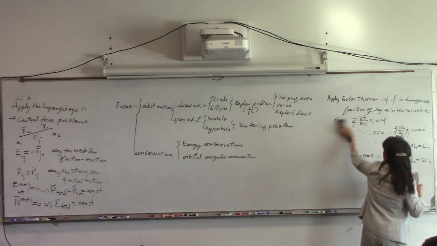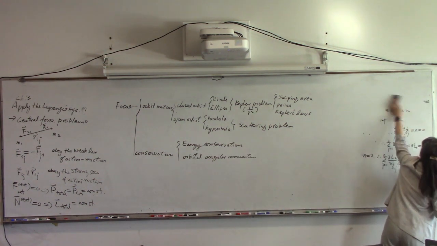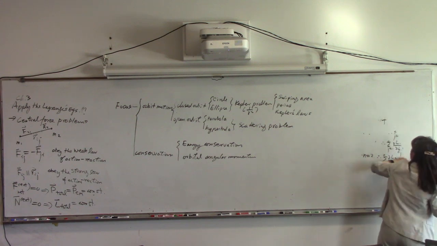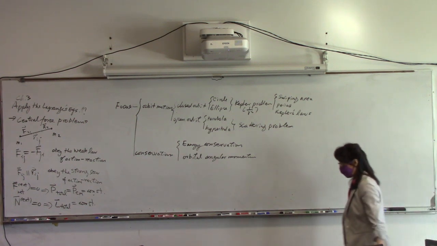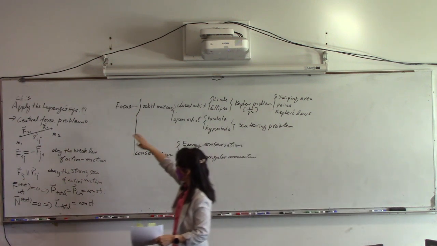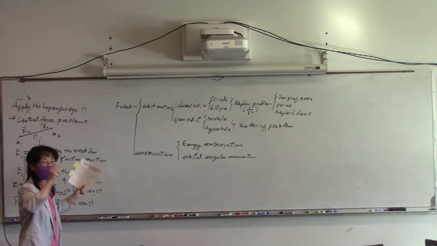So we are going to figure out how to describe those systems, how to select the generalized coordinates. Then once we select generalized coordinates, we are going to apply the Lagrange equation, right? So that is step by step.